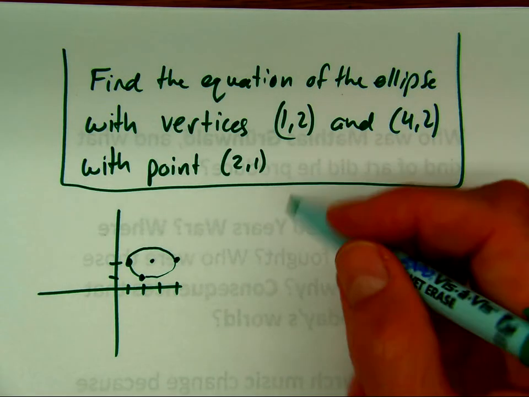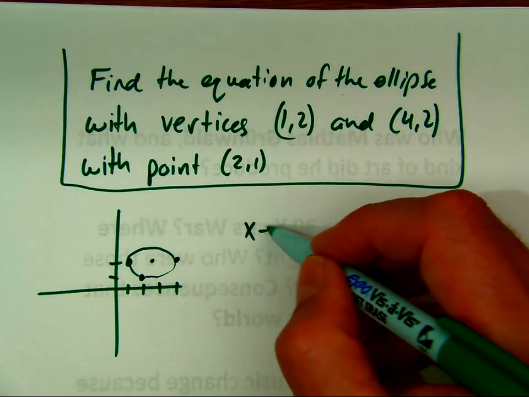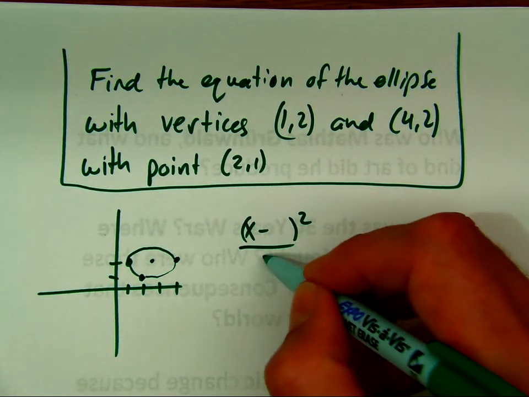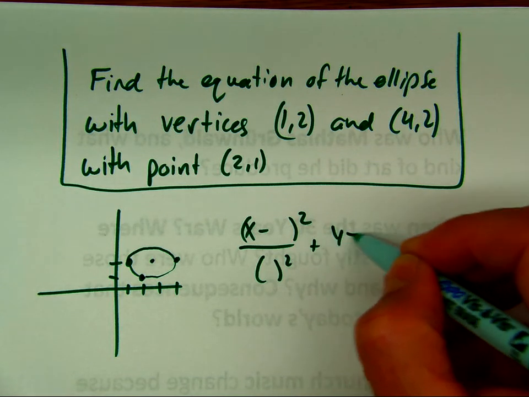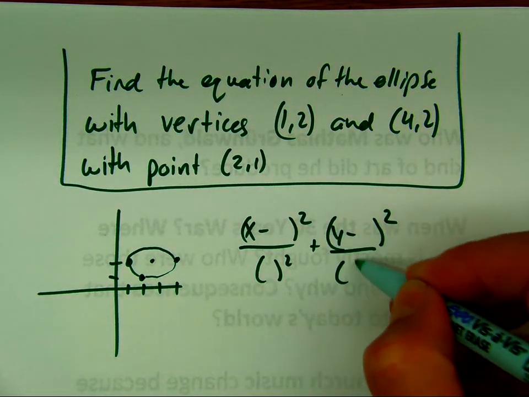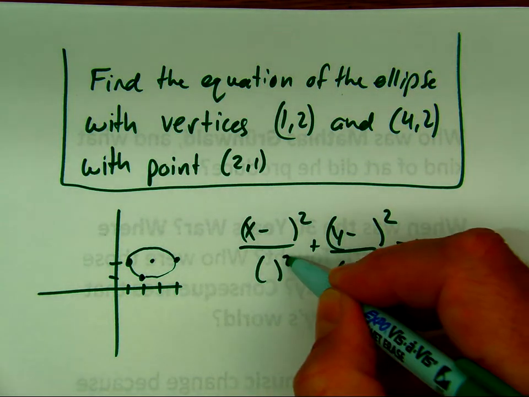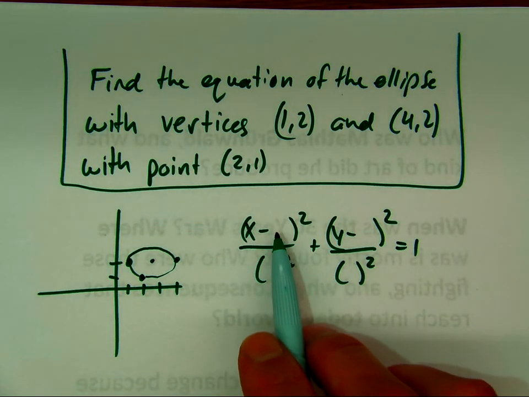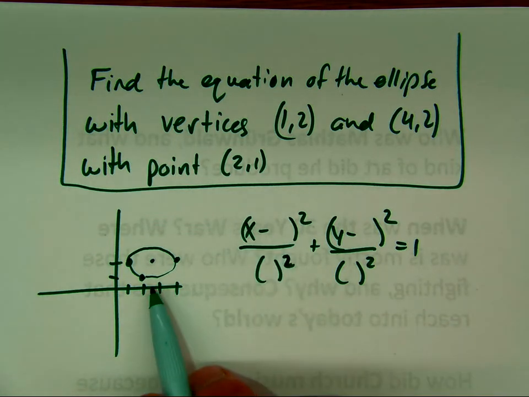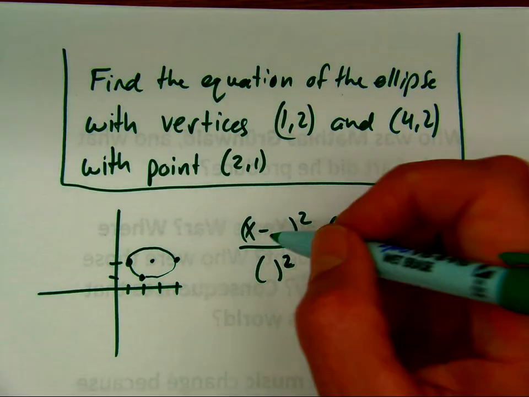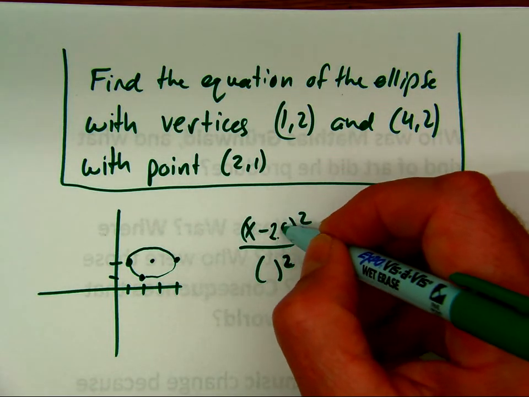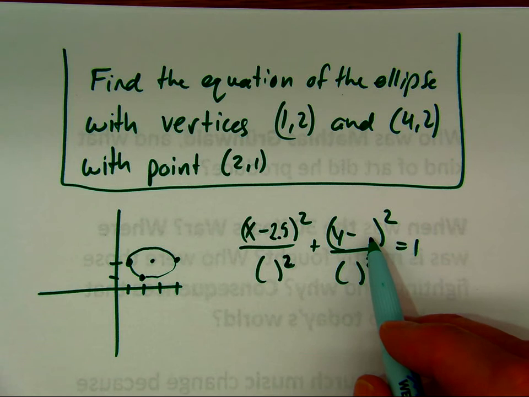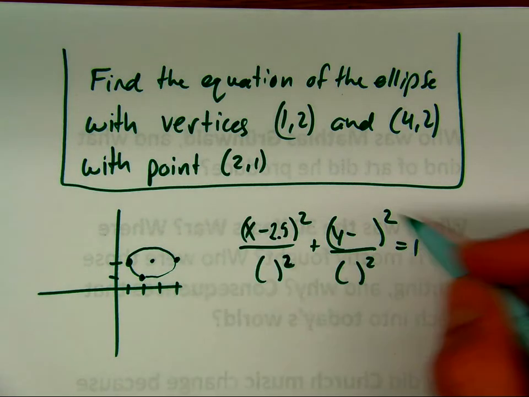So let's see what we know in the standard form of the equation. All right. We do know the x value of the center, and that's going to be 2.5. And we know the y value of the center, that's 2.